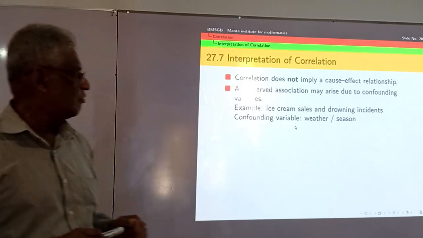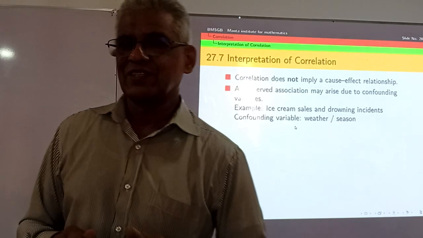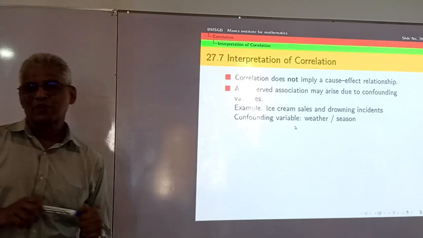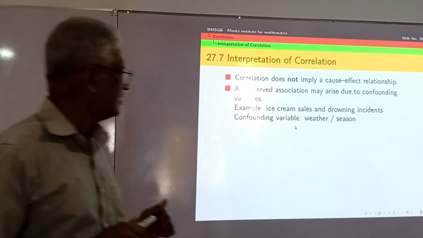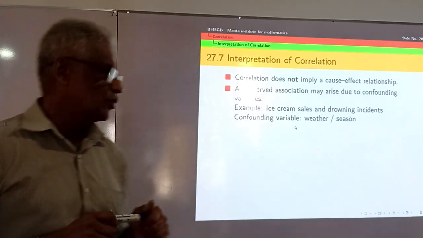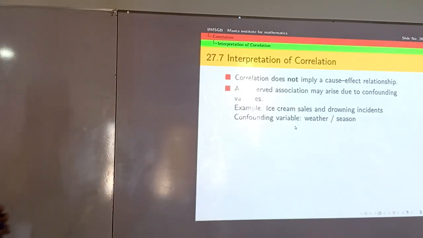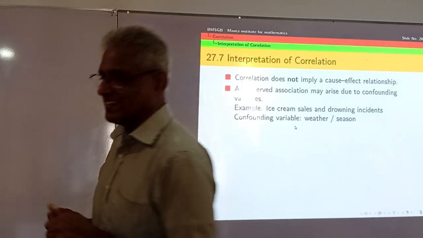For example, this is a well-known example: ice cream sales and drowning incidents. There were two data sets, number of ice cream sales and number of drownings in each month, and there was a very high correlation coefficient. There was a high linear relationship. But we cannot say that when you eat ice cream, people are getting drowned.